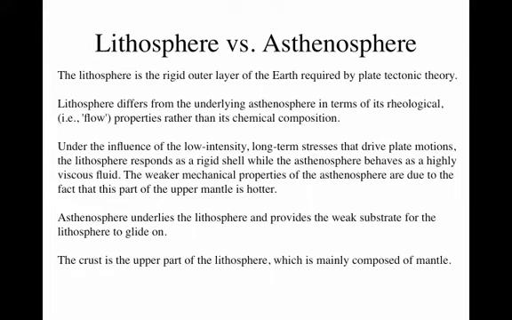And the weaker mechanical properties of the asthenosphere are due to the fact that this part of the upper mantle is much hotter. The asthenosphere underlies the lithosphere and provides a weak substrate for the lithosphere to glide on. And the crust is the upper part of the lithosphere, which is mainly composed of mantle.